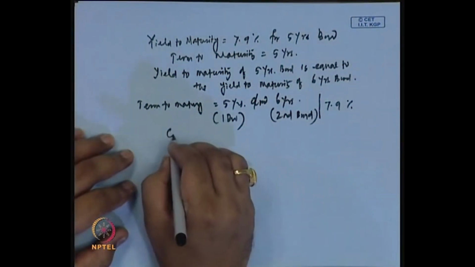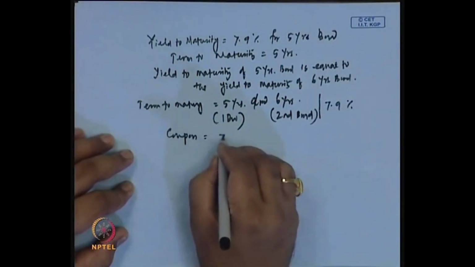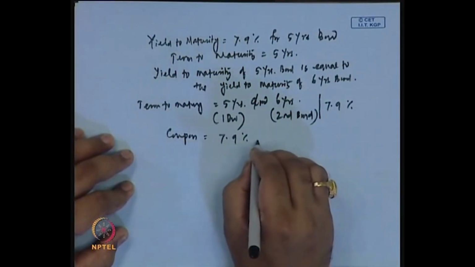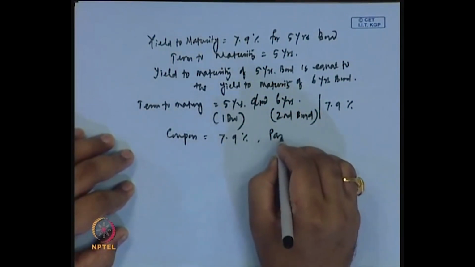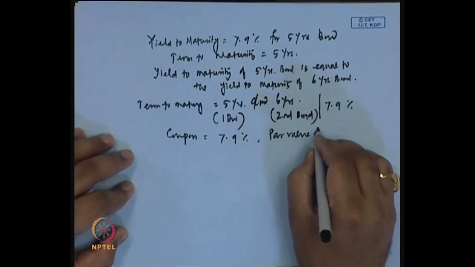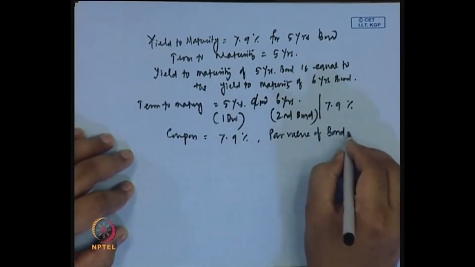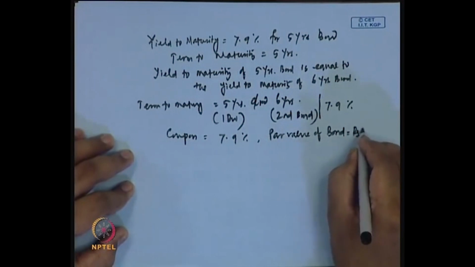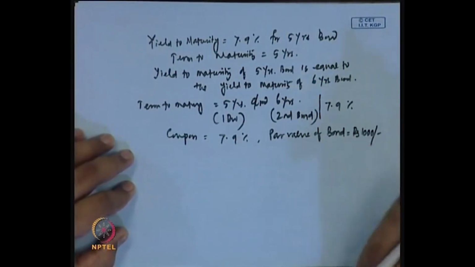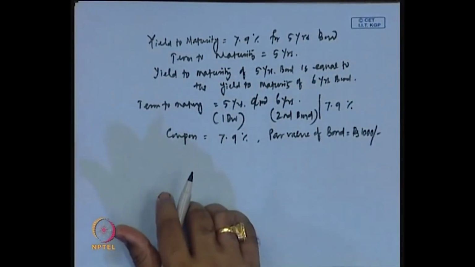Let us assume the coupon is also 7.9% and the par value of the bond is 1000 rupees.